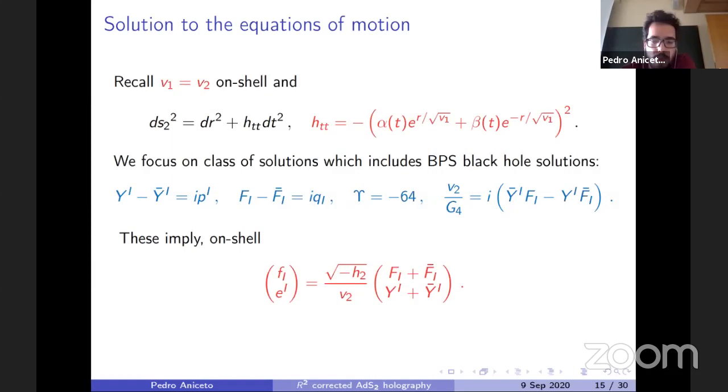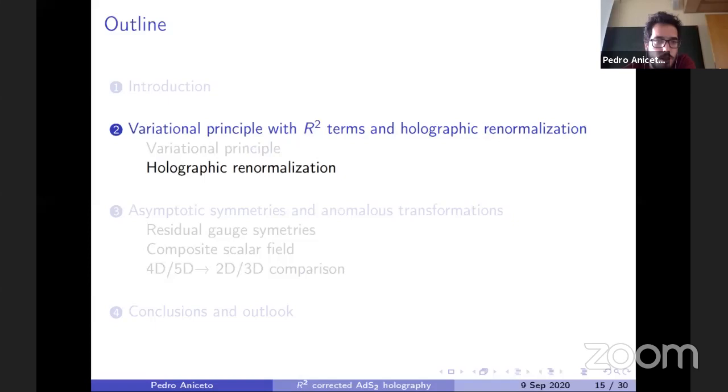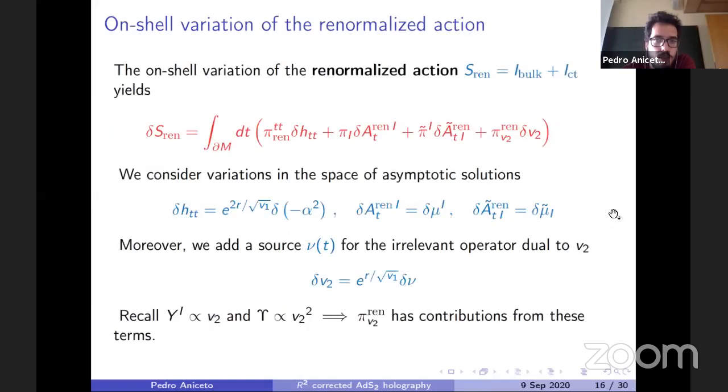So having defined our variational principle, we can then proceed with its holographic renormalization. We have a renormalized action that we'll be evaluating on shell. We vary it with respect to the fields, and we consider the asymptotics on the asymptotic space of solutions, variations of this sort.